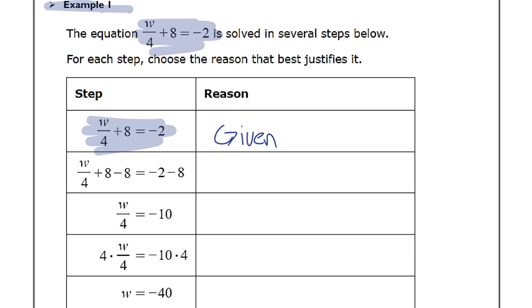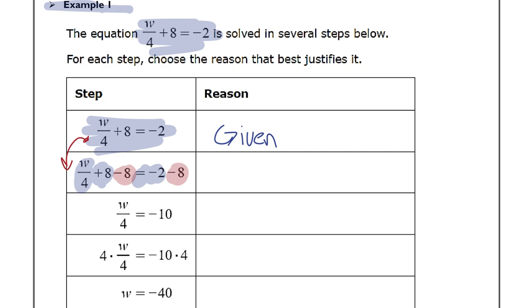Now, we're going to ask ourselves, what changes from here to here? How do I get from this first step to that second step? Notice that I'm going to highlight this w divided by 4. We still have this plus 8 and this negative 2 and this equal sign. That is all of the same stuff from up here. What did change is this negative 8 and negative 8 on both sides.